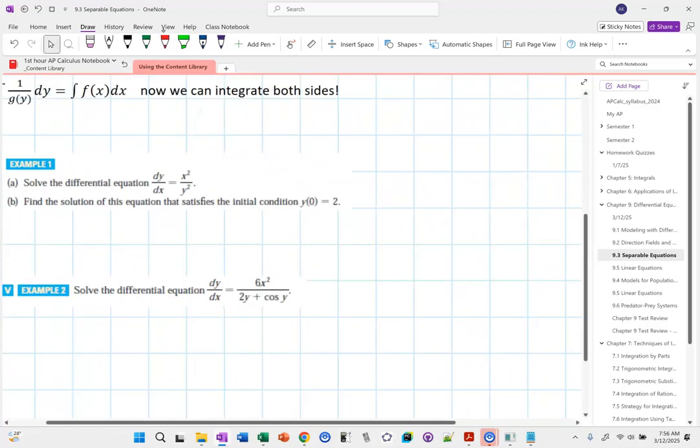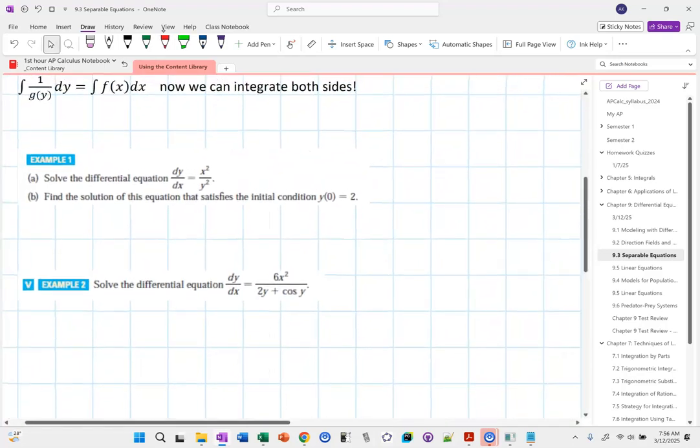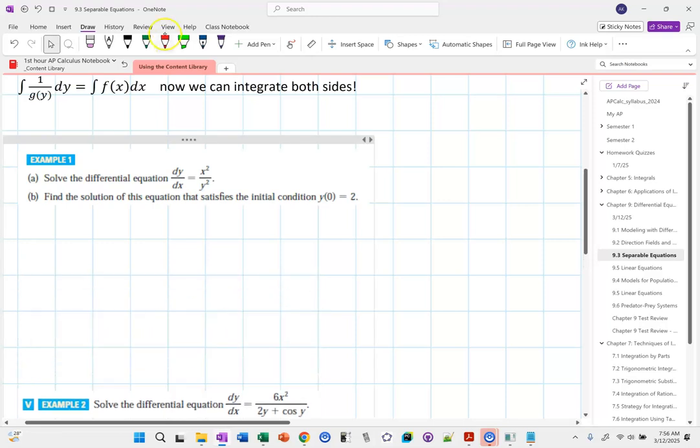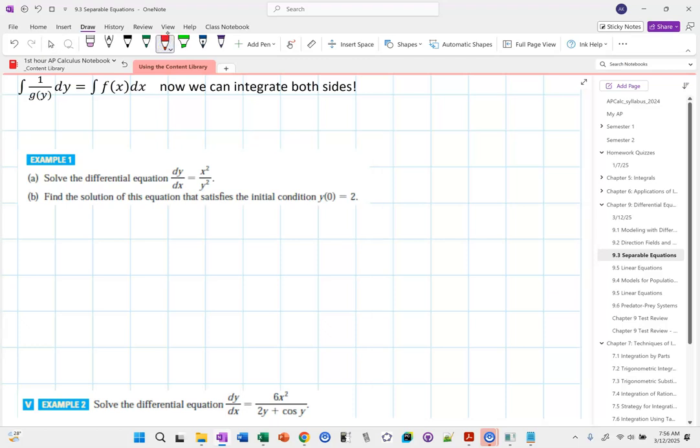So let's do a couple of examples. Let's start with the differential equation dy dx equals x squared over y squared. So I would start by multiplying both sides by y squared and dx.